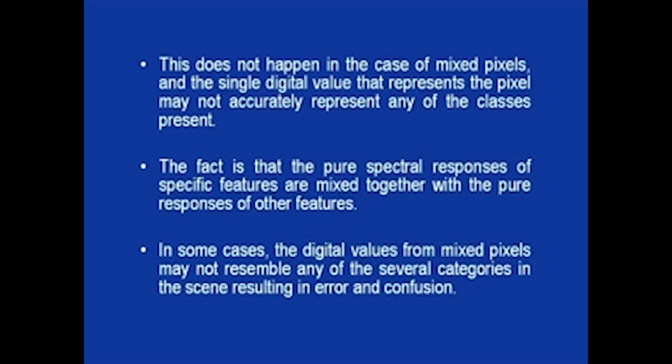The fact is that the pure spectral responses of the specific features are mixed together with the pure responses of the other features. In some cases, the digital values from the mixed pixels may not resemble any of the several categories in the scene, resulting in error and confusion.